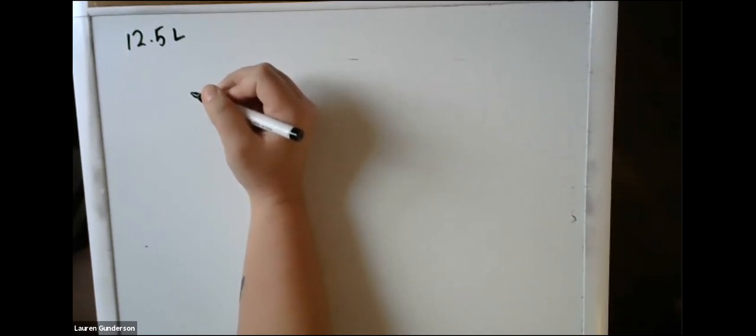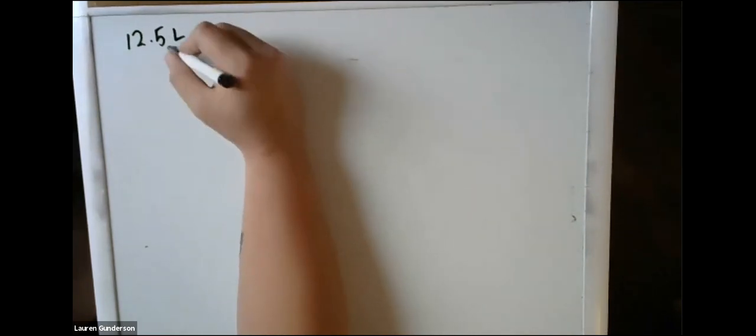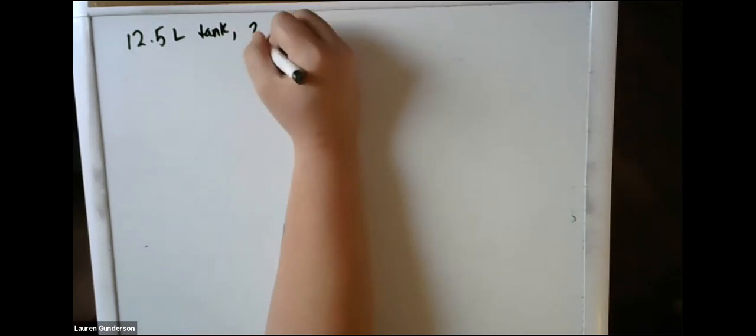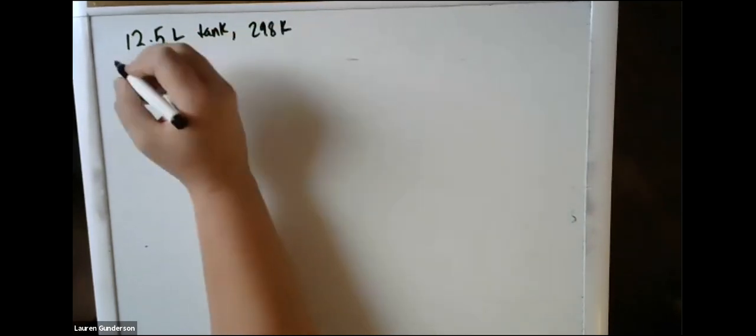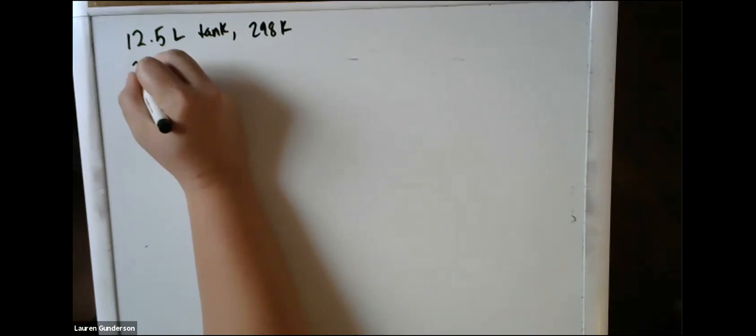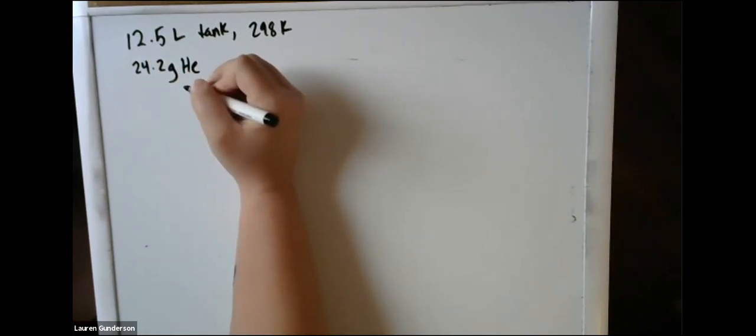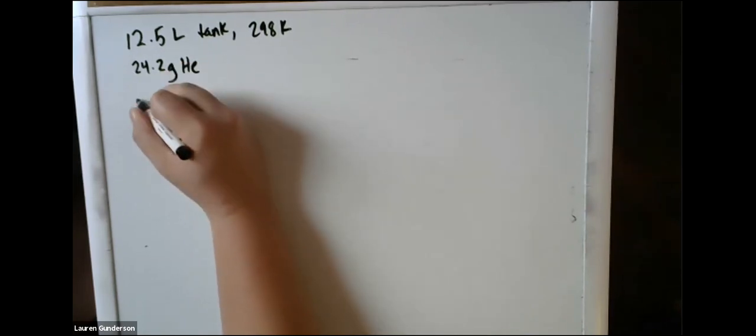Calculate the mole fraction and the partial pressure of each component in the mixture and the total pressure of the mixture. So we have a few things to do here. We have a 12.5 liter tank, and it's at 298 Kelvin. We have 24.2 grams of helium, and we have 4.32 grams of oxygen.